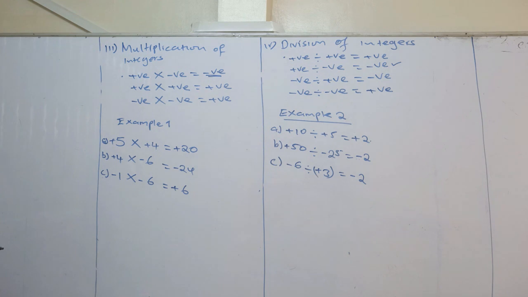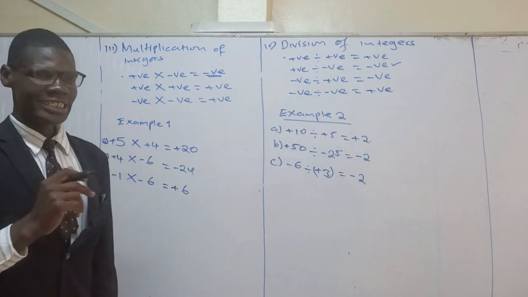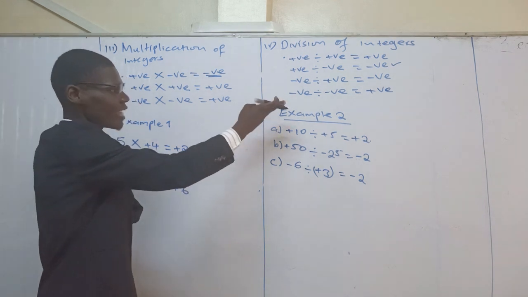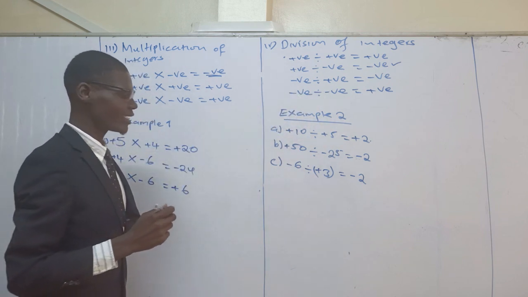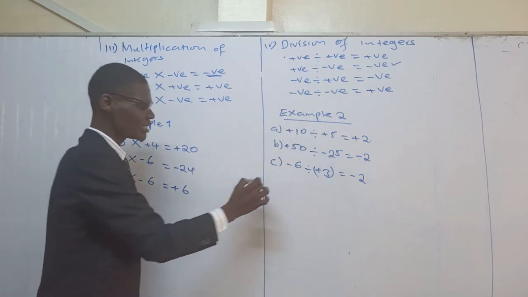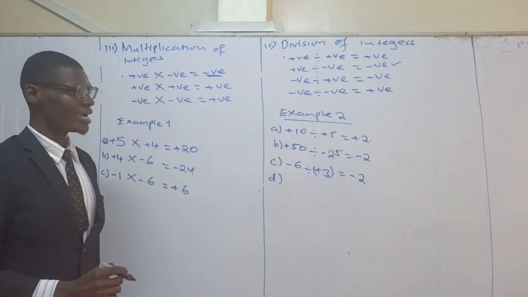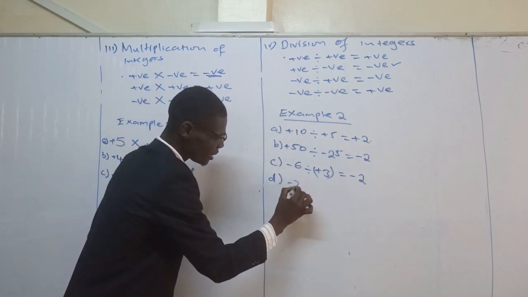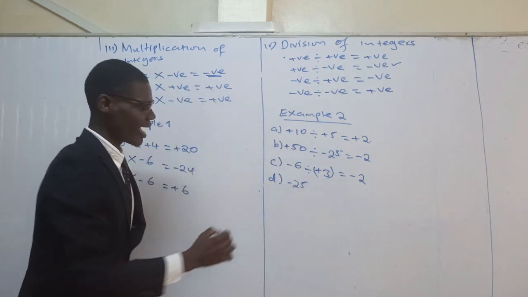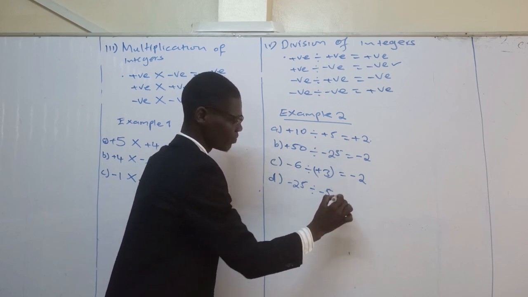Lastly, we can have a situation where the two integers are both negative. Let me say part D of the same example: negative 25 divided by negative 5.